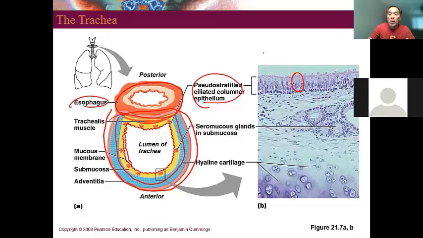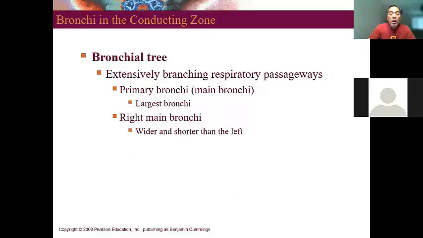All right, so next, we're now looking at the bronchial tree. The bronchial tree will divide into 3 parts. The first division is called the primary bronchi, or the main bronchi. That's the largest bronchi.